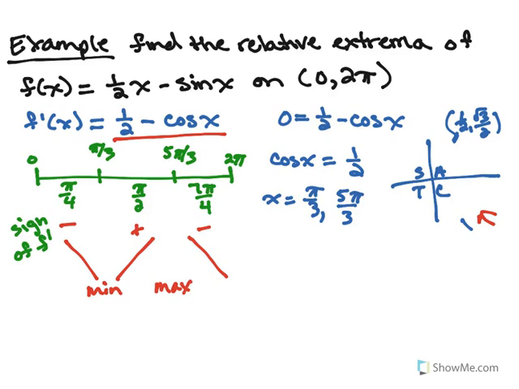Now, when I ask you for a maximum or a minimum, I want the point, not just the x value. I need to know the y value that goes with it. So these are going to be a little bit ugly. My minimum is occurring at pi over 3. And if I plug pi over 3 into my original function to get the y value that goes with it, I'm going to get pi over 6 from the 1/2 x.